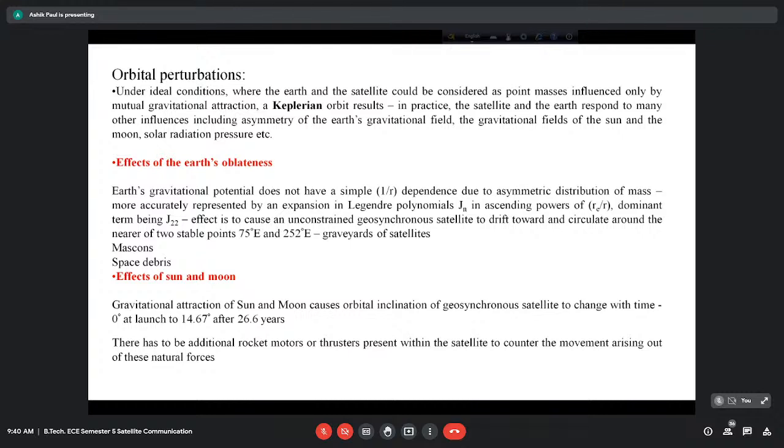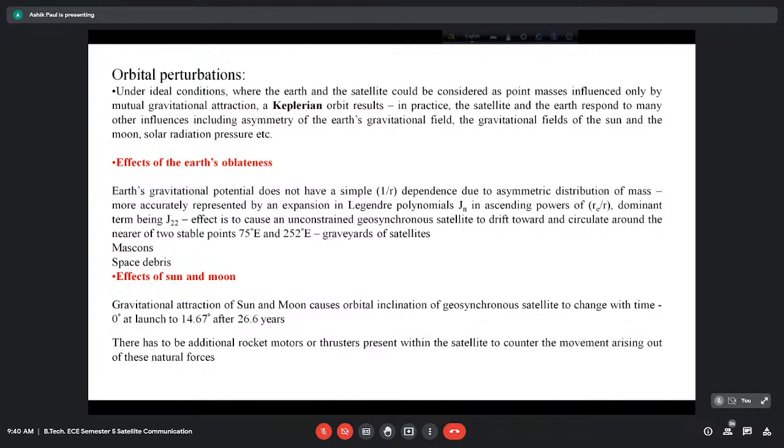The second of these natural effects arises because of the sun and the moon. In Kepler's laws, we have classically assumed that the sun and the Earth and the satellite are the only objects to consider, and each is exerting some gravitational attraction on the other.